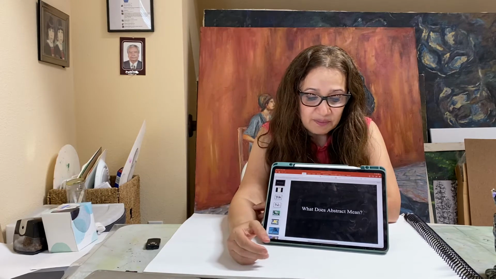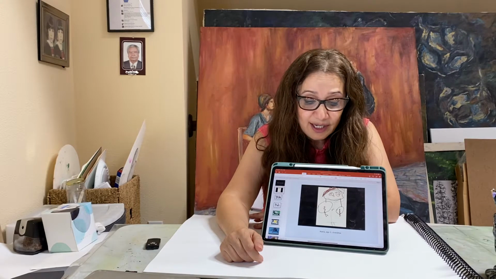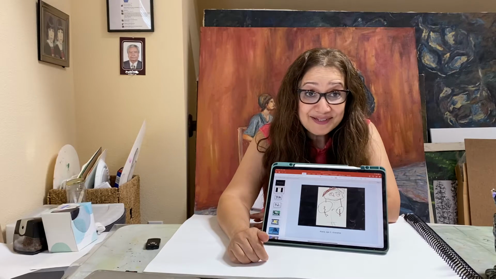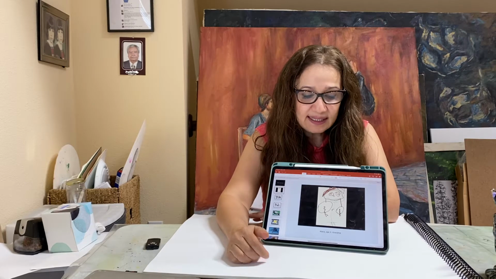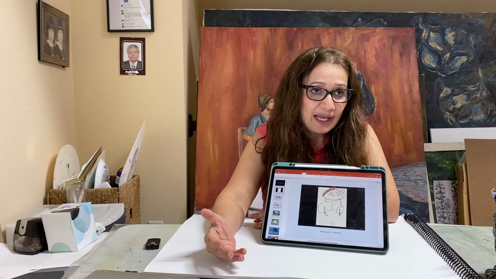So what does abstract really mean? It's that picture, a very good example of abstract art created by a 3-year-old artist, and you see that it is very simple, very childish. When we talk about abstract, we mean making things simple.